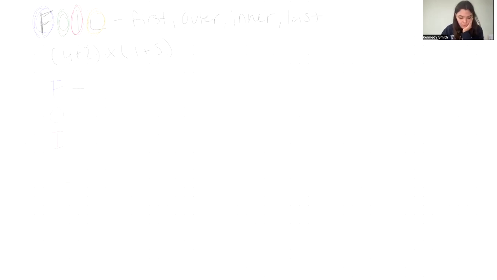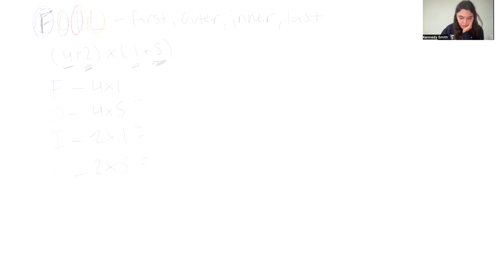So for first, we're going to see 4 times 1. For outer, we see 4 and 5, so 4 times 5. Inner, we see 2 and 1, which is 2 times 1. And then last, we see 2 and 5, which is 2 times 5.